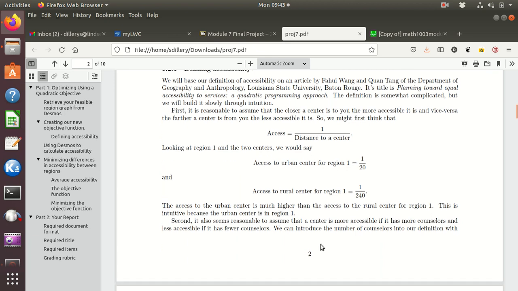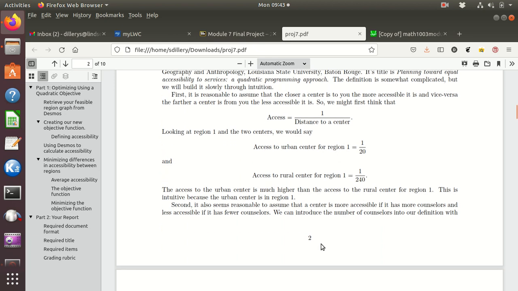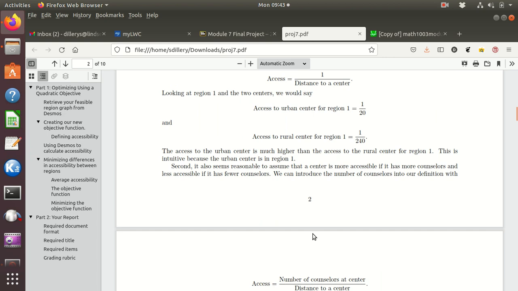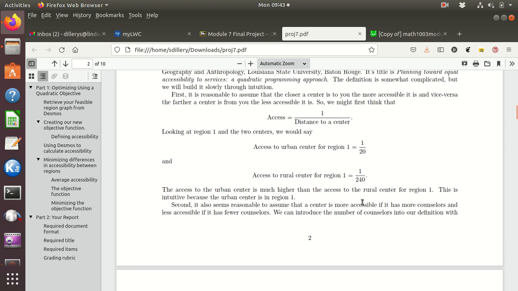And then the second thought, as we're defining this, is that more counselors would also make something more accessible, right? Think about appointments, that sort of thing, if you're trying to get in, whether it's an emergency situation or not, a follow-up kind of thing at the crisis center, maybe they do outpatient services at the crisis center.